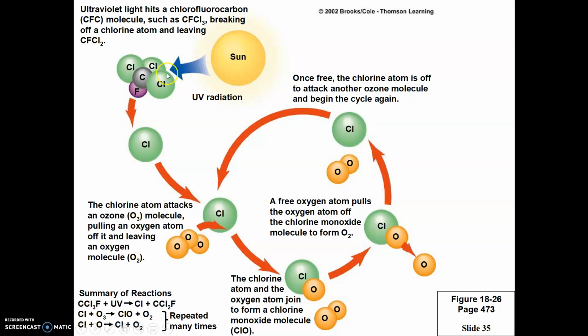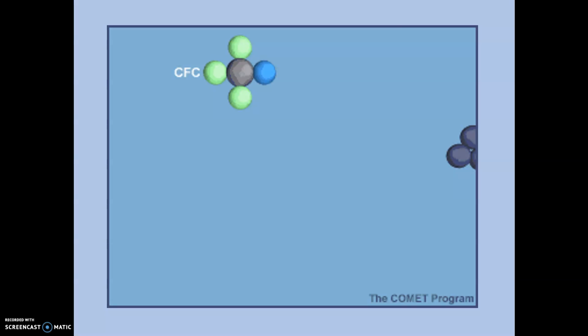The sun will hit the CFC, break off a little bit of chlorine, and long story short, that chlorine steals oxygen away from O3, making it O2, which we can breathe. It's really far away from us, so we can't actually breathe the product of this. But the point being is that O2 molecule is no longer going to absorb wavelengths of light. And so we are, in essence, thinning that ozone layer.